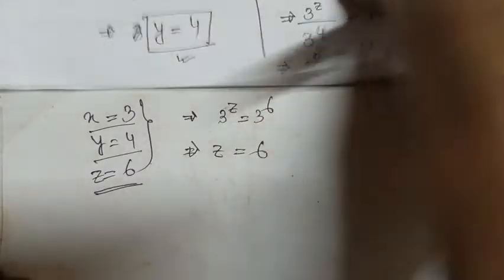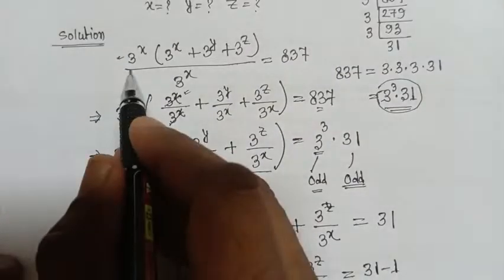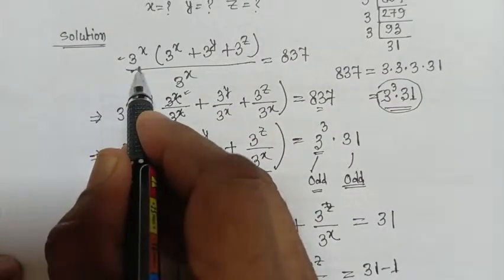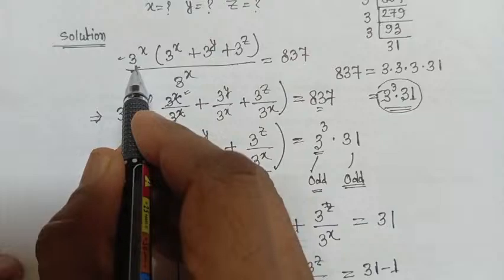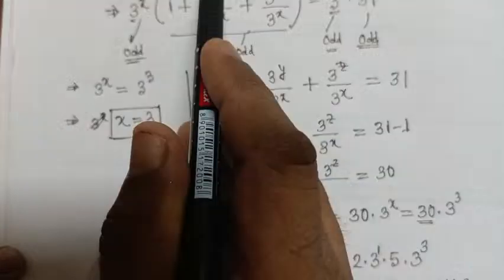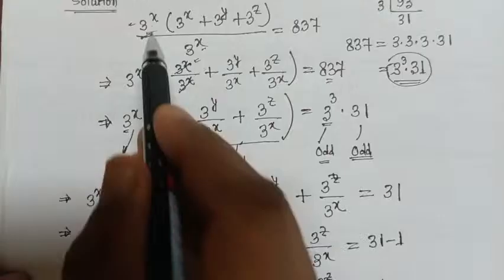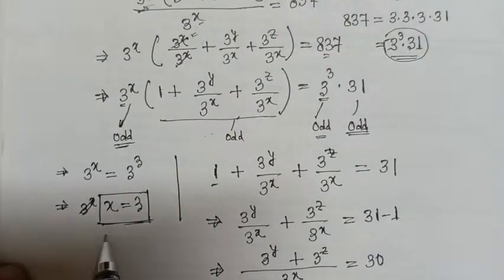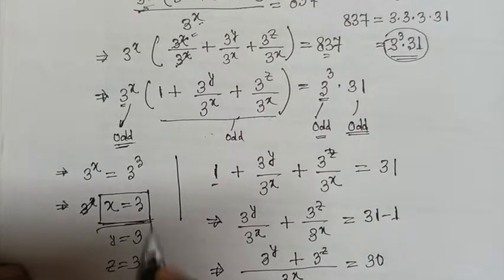But here we first multiplied by 3 to the power x and divided by 3 to the power x. After that, if we multiply by 3 to the power y or 3 to the power z, then we get the value, maybe y is equal to 3 or so.